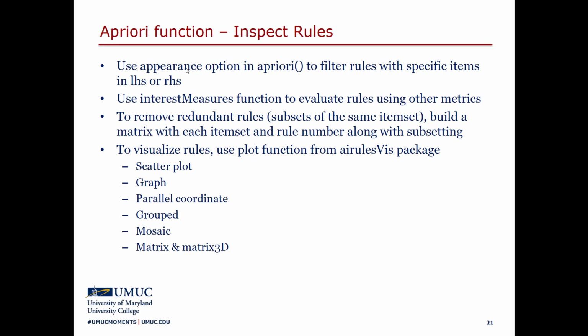Another one is the interest measure. We only covered lift, support, and confidence when we discussed the formal quantitative measures to evaluate rules. But there are others, and depending on the data set and the application, you might want to consider other metrics to evaluate rules.